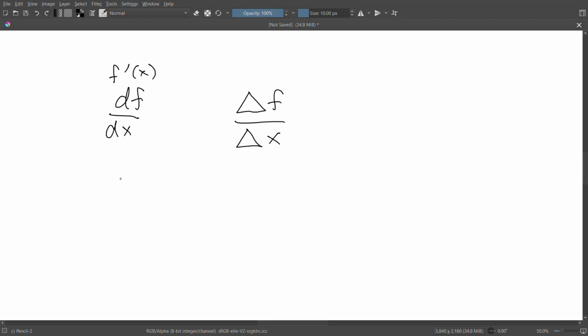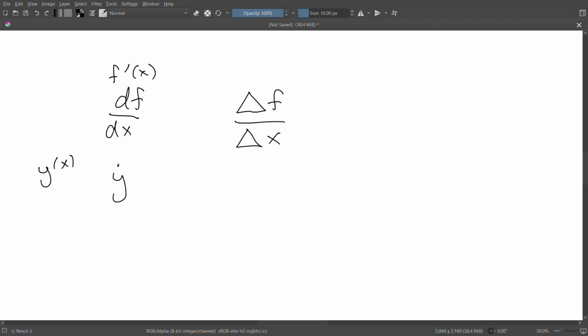They mean the derivative. Another way that you'll see it is, say you have y as a function of x, right? Then the derivative, you might see it with a dot over it. This is normally used a lot in physics, especially when you're talking about functions like position, velocity, acceleration.